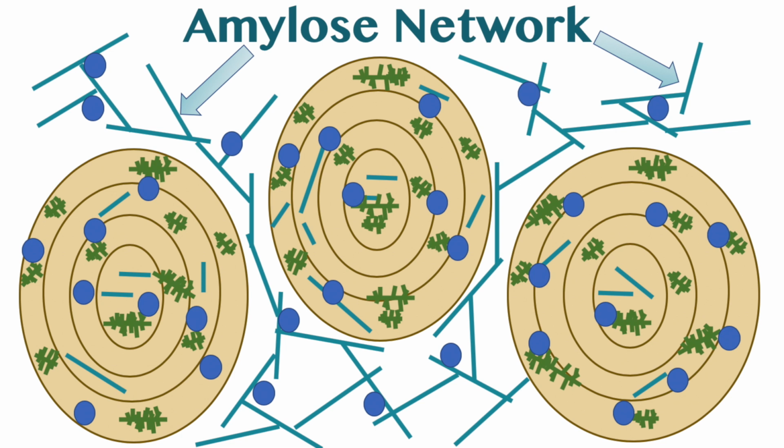At this point, we call it starch gelation, because this network is so strong, it holds in the starch granules in the bread. This network is really important for keeping the shape and structure of the bread loaf. So we need this amylose network to form in order to have the bread we eat.